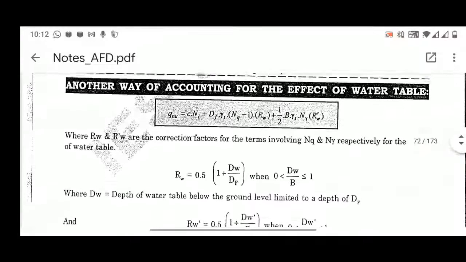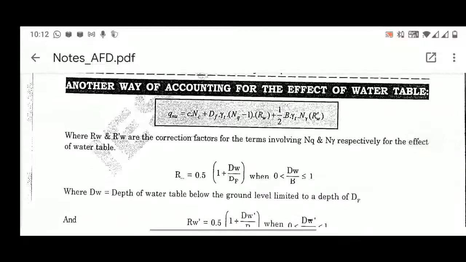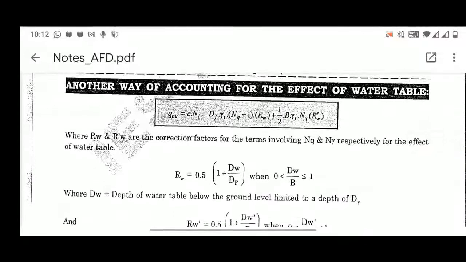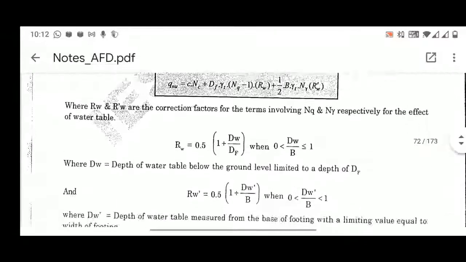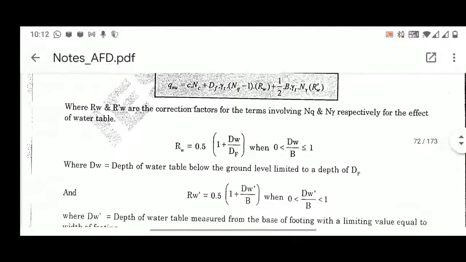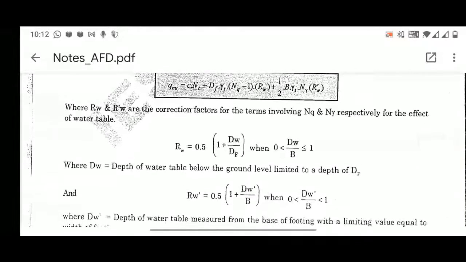For Rw, they are simply putting Rw as 0.5 (1 plus dw by Df). How you will use this Rw, you have to see the condition: the depth of water to the width of foundation, if it is lying between 0 to 1, you have to use this. Then you have the another Rw dash, which shows in the unit weight, the third part in the net ultimate bearing capacity. That is 0.5 (1 plus dw dash by B).